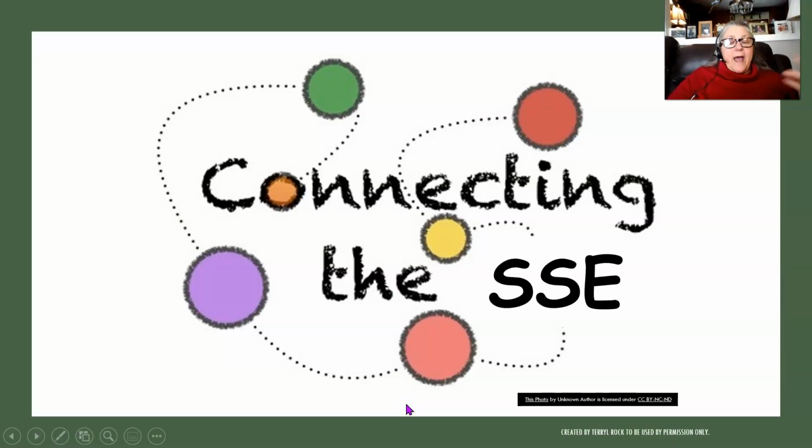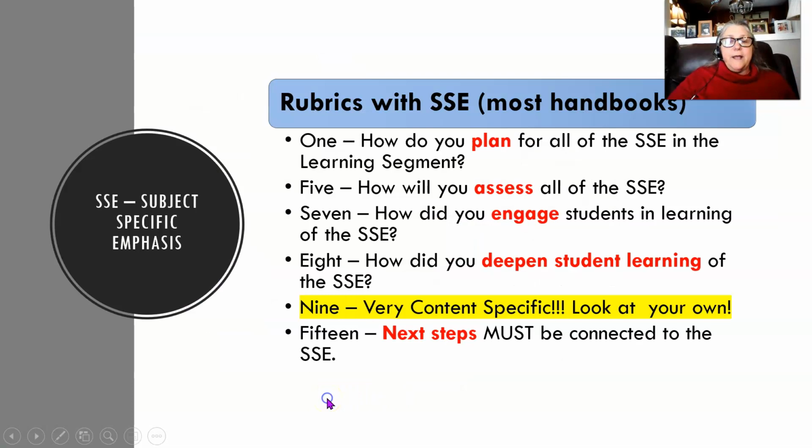So let's talk about how all of the SSE connect throughout your edTPA. In most handbooks, the rubrics that have the SSE are rubric 1, 5, 7, 8, 9, and 15. That's a little different for world language because world language has 13 rubrics rather than 15.